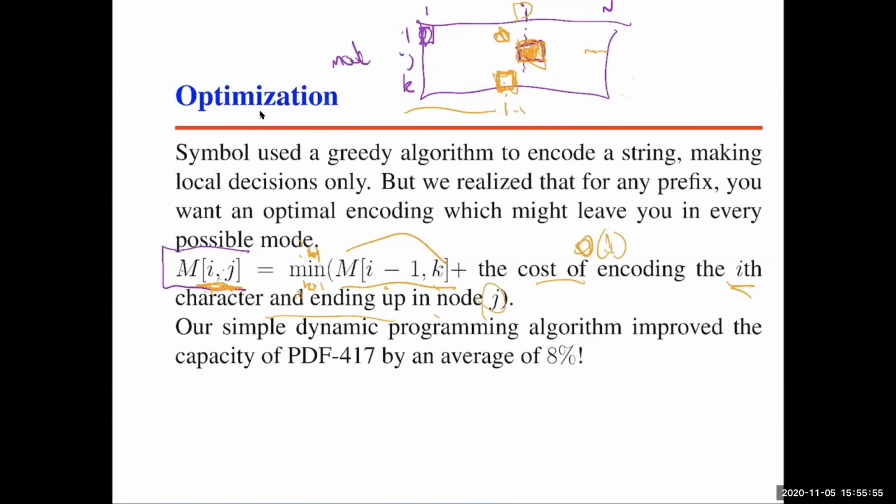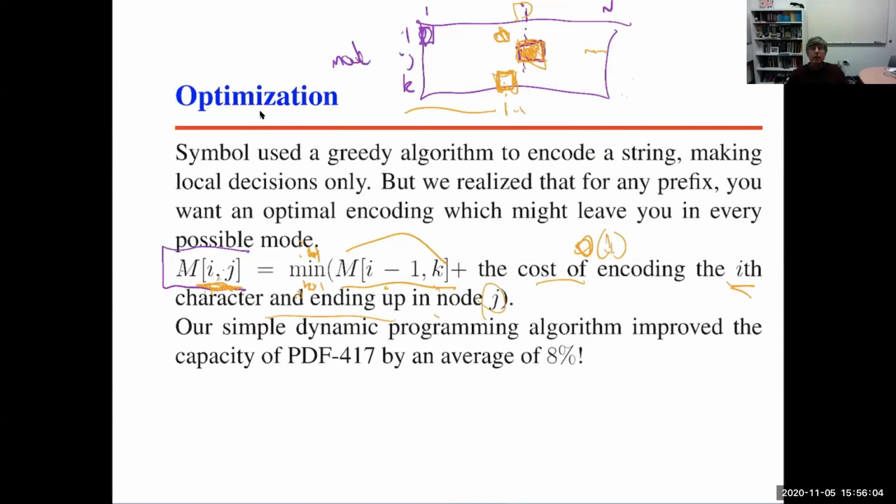So in other words, it's determining which mode you should be in before mode j that is the cheapest to get to mode j? Which is the mode that I should be in to minimize total costs. Ideally, I might have been in mode j before. If I was in mode j before, all I have to do is output that one character.